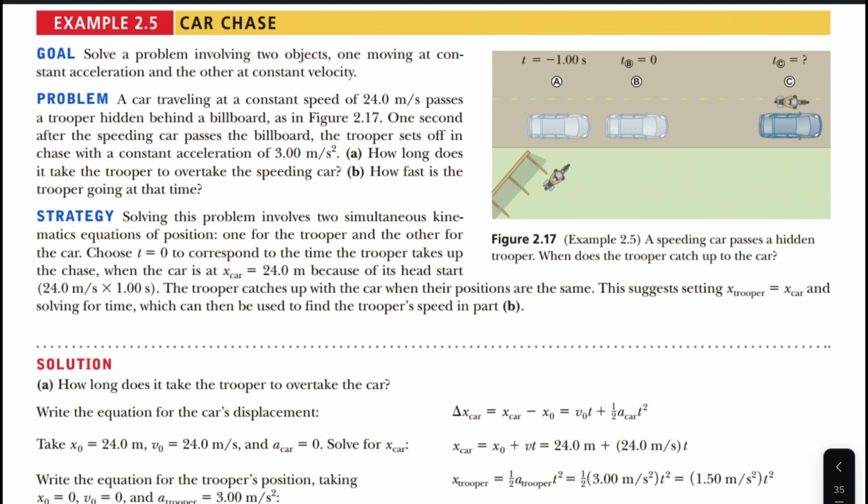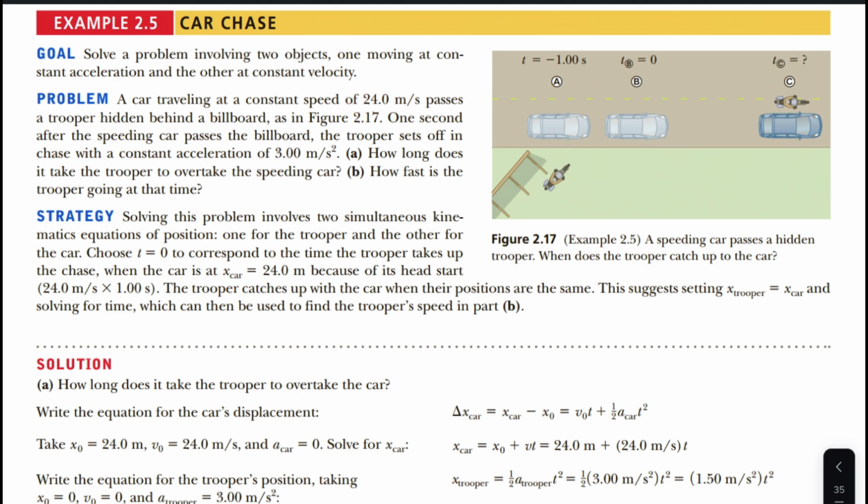Why is it? We are going to set again the T equivalent to 0 at the moment the trooper sets off or starts moving. So that means after 1 second the car already passed, isn't it? Within that 1 second, how much distance was already traveled by the car? This is the way we calculate, because given to us the speed of the car, 24 meter per second.